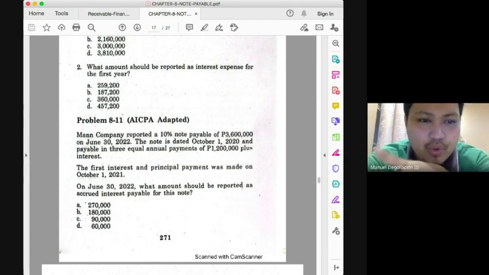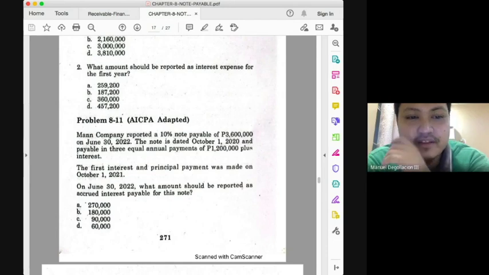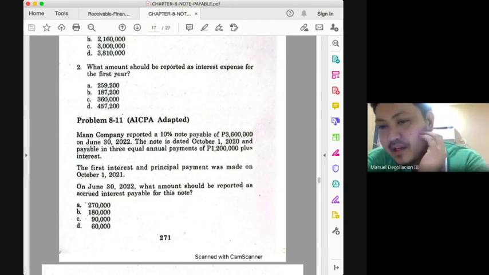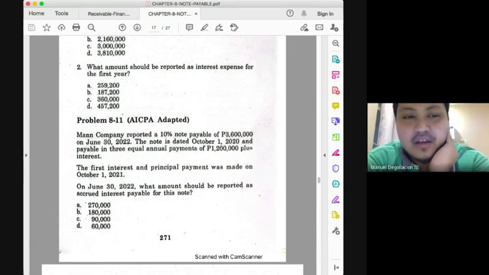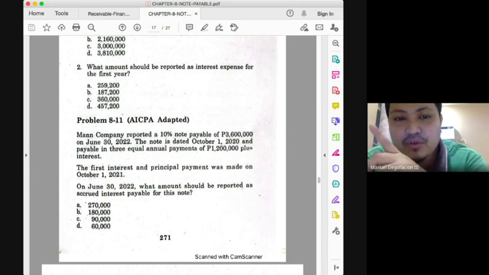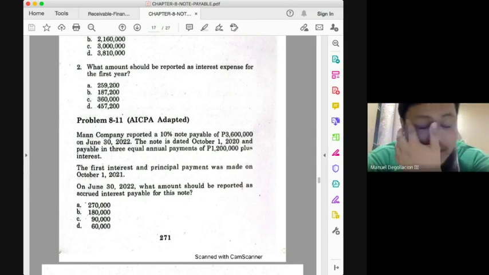On October 1, 2021, it says here the first interest and principal payment was made. If in our exam you will be asked how much was paid on October 1, 2021, your answer should not be 1,200,000. Even though the problem tells us that the annual payment is 1,200,000, since you're asked for your total payments on this date, you should also compute the amount of interest.